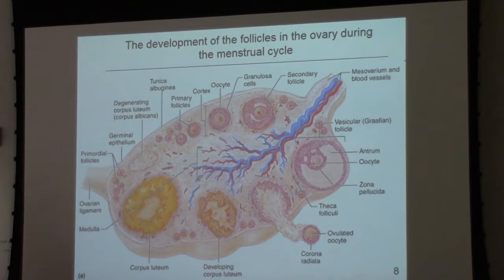So, for example, this looks like these primary follicles are moving from here to here as they become secondary follicles and then mature follicles and then undergo, what's it called, ovulation. But that's not what's happening, right? So we're trying to compress time into one physical space.